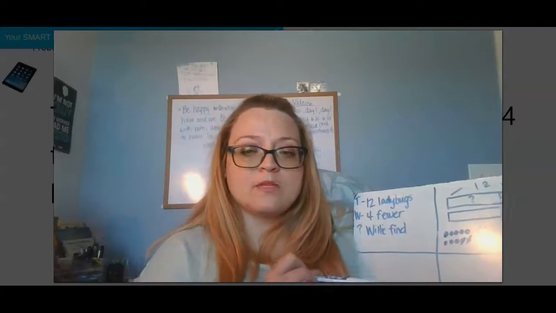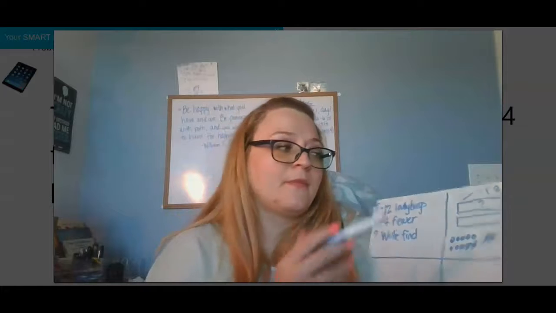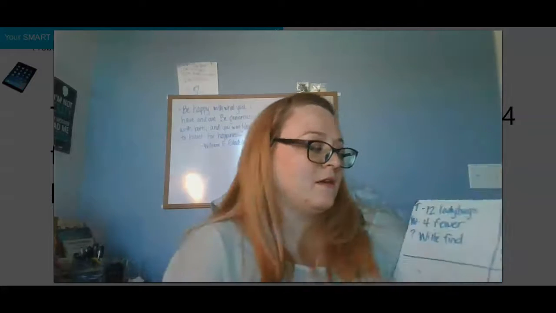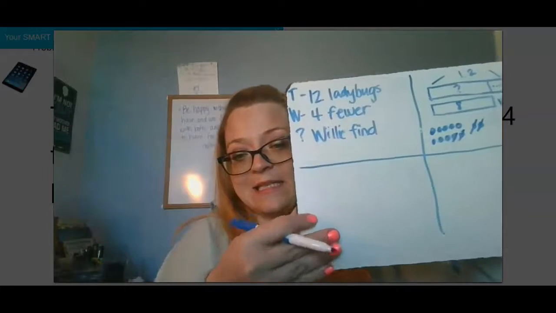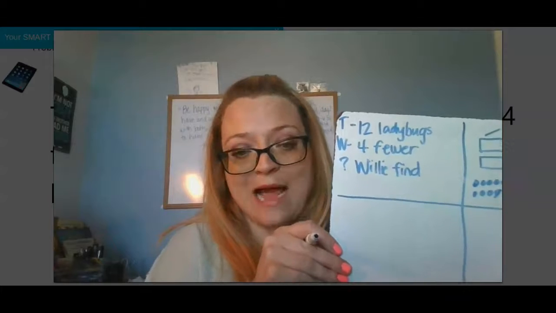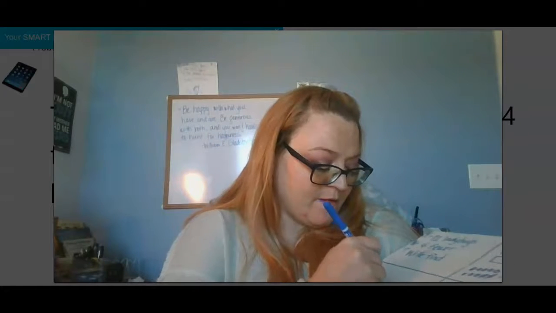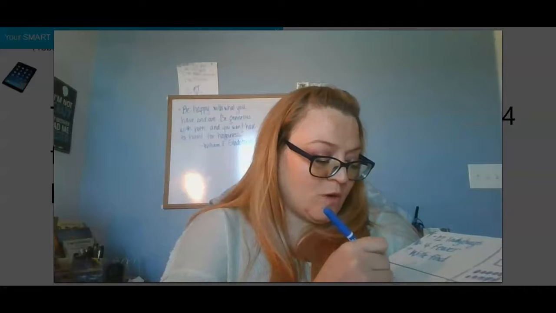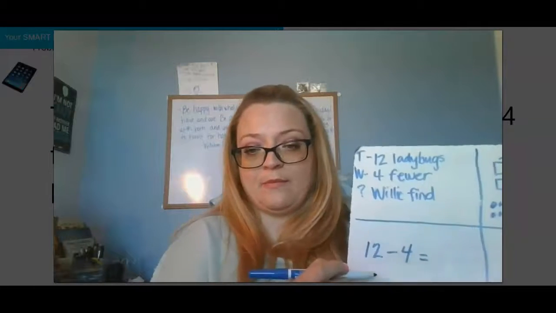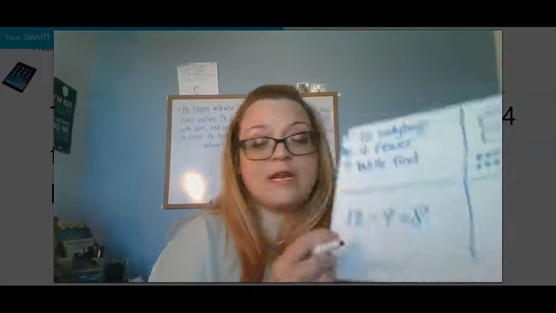So what goes in Willie's tape diagram? 8. So now we need a sentence here. Did we add or subtract? We subtracted. So 12 minus 4 equals what? 8. And we know that it's 12 minus 4 because when we do subtraction, it goes whole minus part equals part, right?